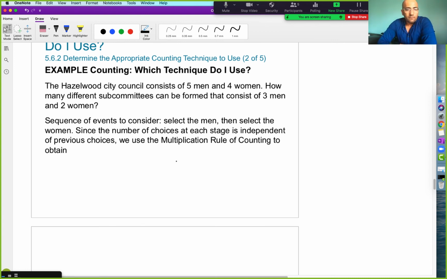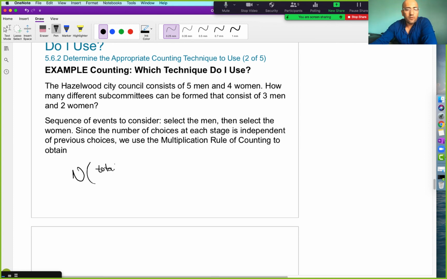This is going to be a sequence of events to consider. First we're going to select the men, then we're going to select the women. The order in which we pick them does not matter, so we're talking about combinations. Since the number of choices at each stage is independent of the previous choice, we use the multiplication rule and obtain the following.